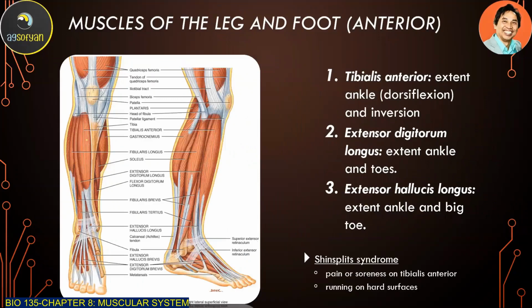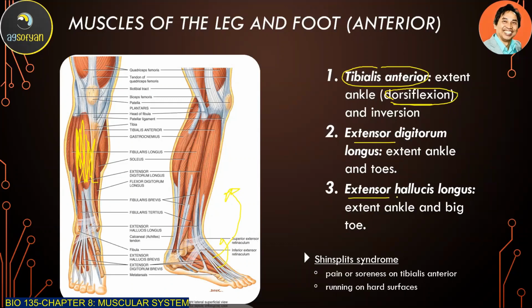And in the front, the big one over here is the tibialis anterior. This is the one that performs dorsiflexion, moving your foot to the top. It can also invert your ankle, inversion.